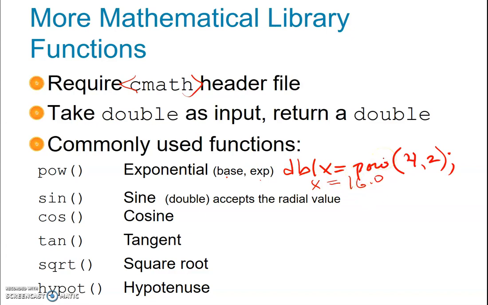It is overloaded. There is an integer version, so it could also take an integer and return an integer. But that is how I would call on it as part of a math expression.